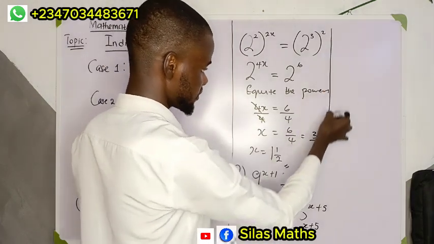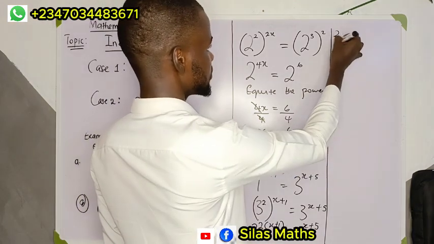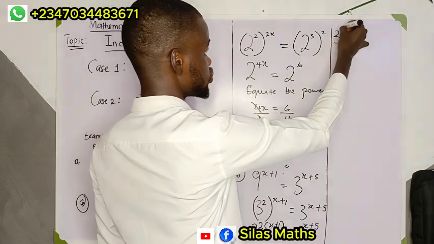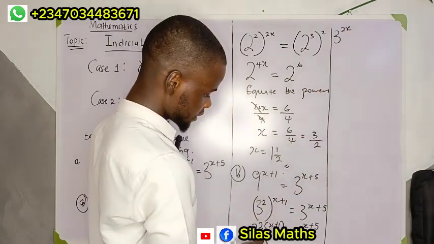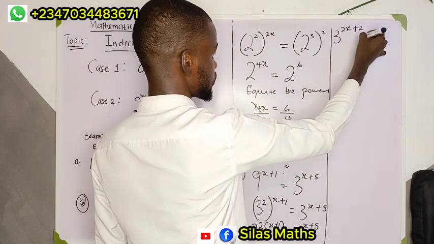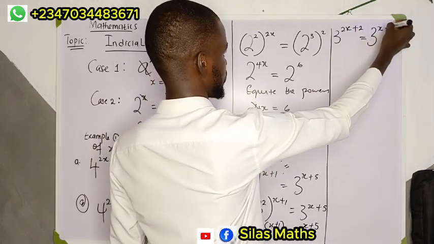So let me see if I can use this space to solve that. Okay, so I have 3 to the power of, let's open this bracket, 2 times x will give me 2x. 2 times 1 will give us 2. So I have plus 2 equal to 3 to the power of x plus 5.